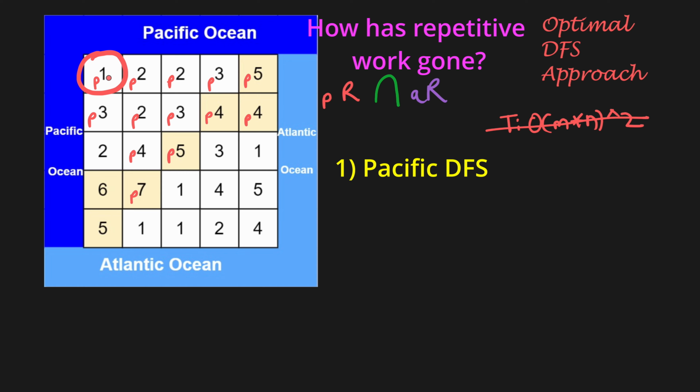Crucially, this is where the repetitive work is eliminated. Since we are launching a multi-source DFS from every single border cell, we will naturally cross paths. But here's the key. If I start a search from a new point like this one, it stops immediately, as thanks to the visited set, I would know if I have already visited this cell, and we just avoid that run.